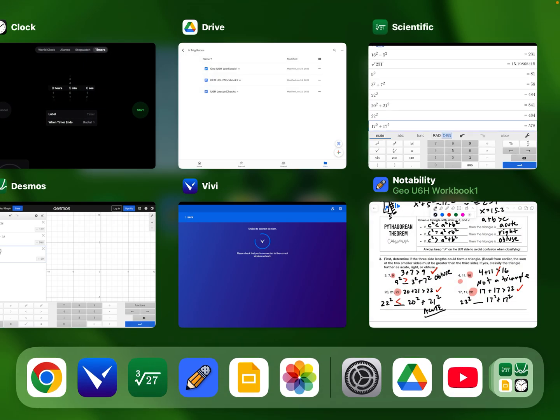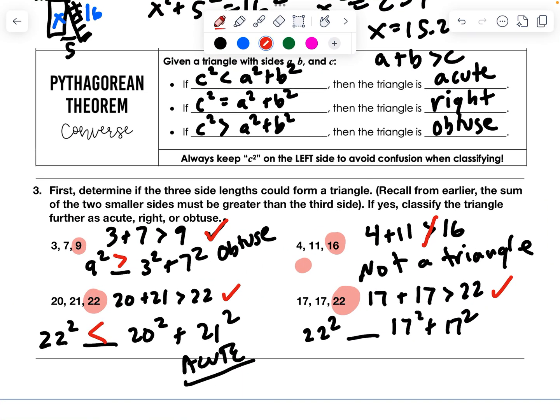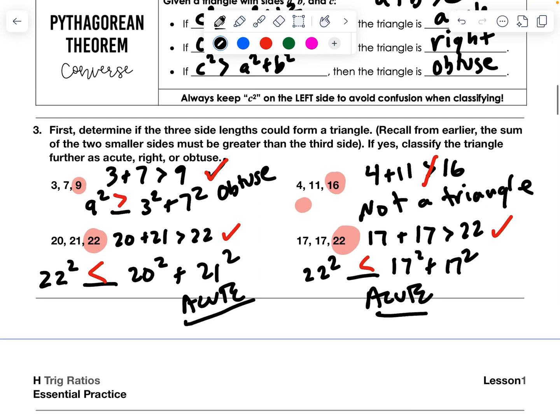So 578 is greater. The 17 squared plus 17 squared is bigger than 22 squared, so we have an acute triangle. So this is the converse.